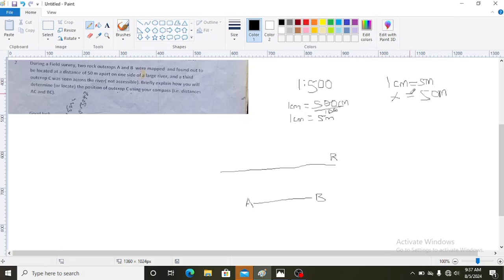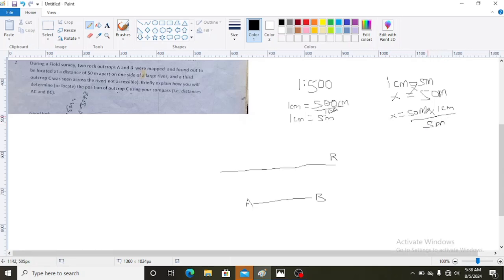Now you can cross multiply. Our X now will be 50 meters times 1 centimeter divided by 5 meters.